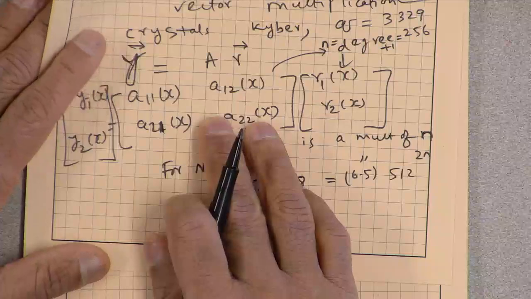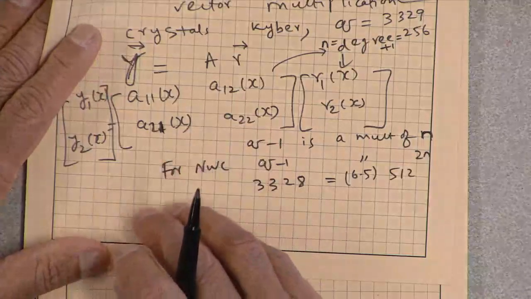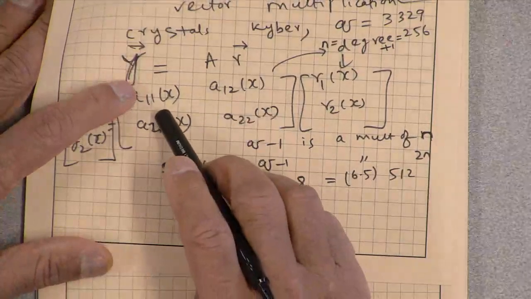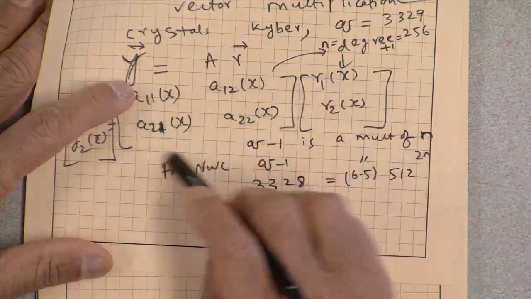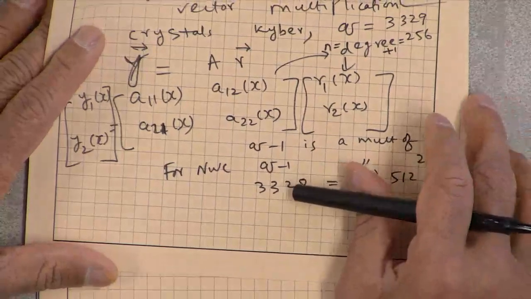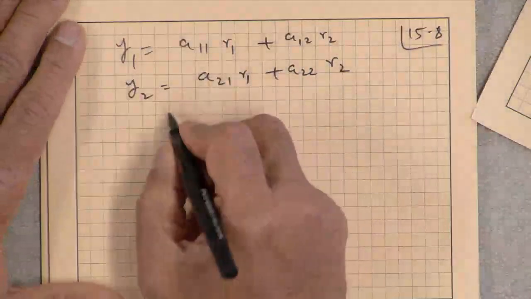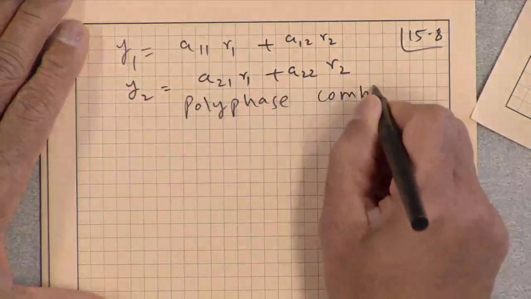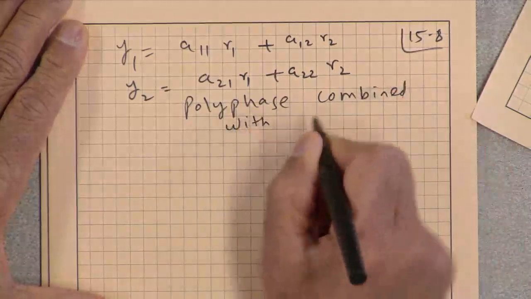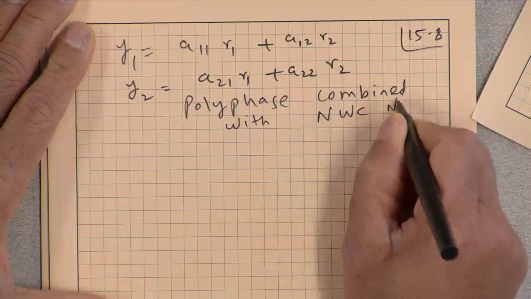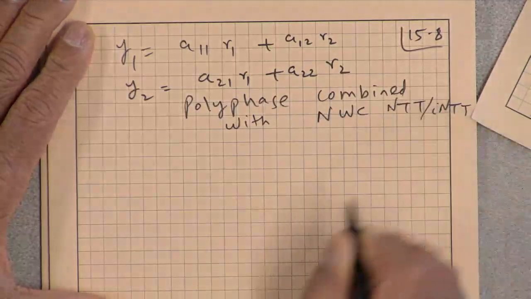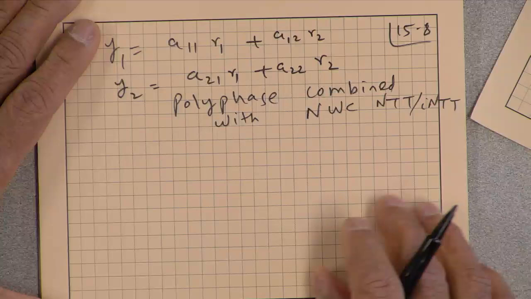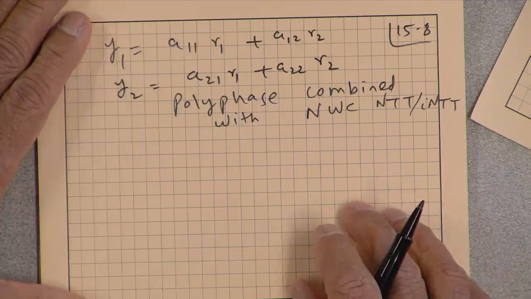What we are trying to talk about is dividing these A11, A12, A21, A22, R1, R2 into even and odd polynomials. So now we are talking about polyphase combined with the NWC NTT identity. That's our goal: how do we combine polyphase, where we divide this R1 into even and odd coefficients.